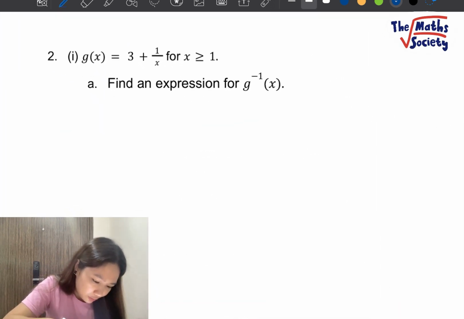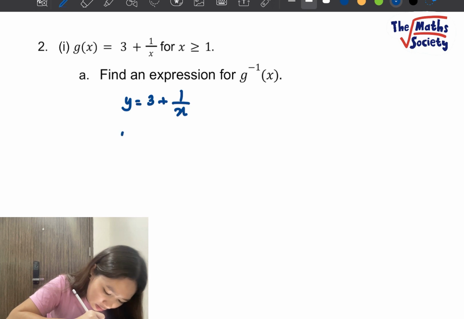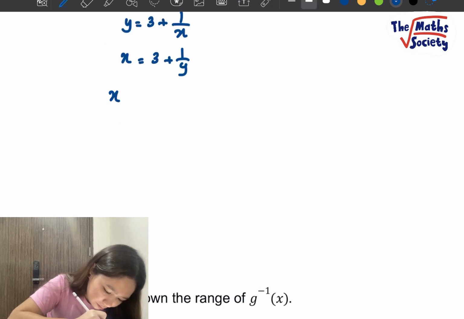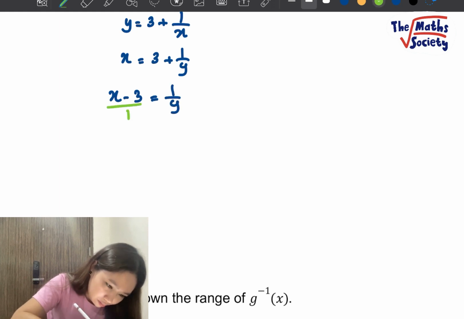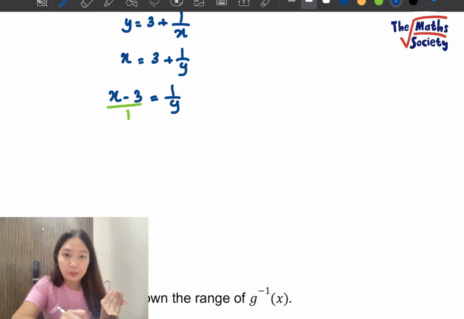So they want us to find an expression for G inverse. So y is equal to 3 plus 1 by x. x is equal to 3 plus 1 by y. Keep in mind that for every whole number, if you want to make it into a fraction, you can just put 1 underneath.